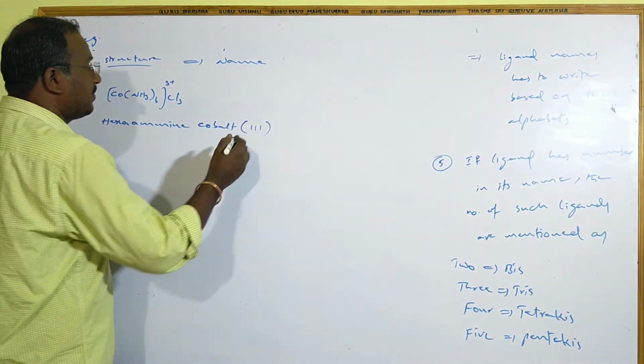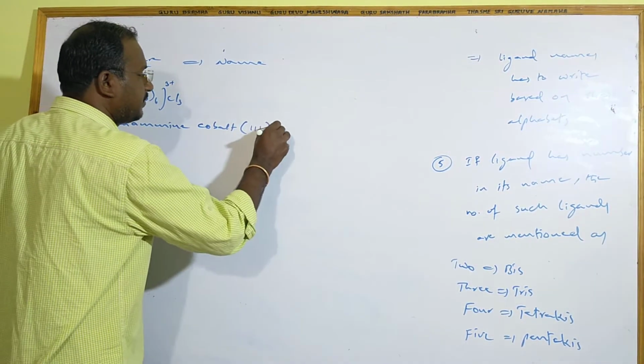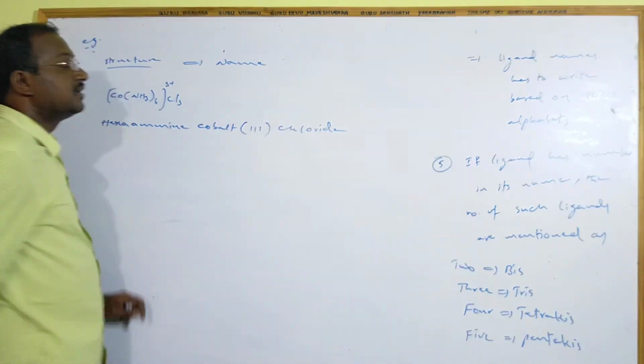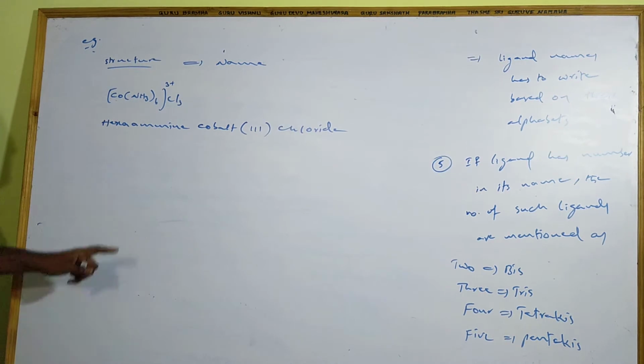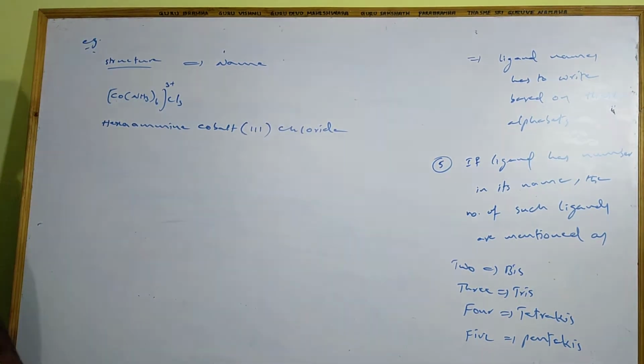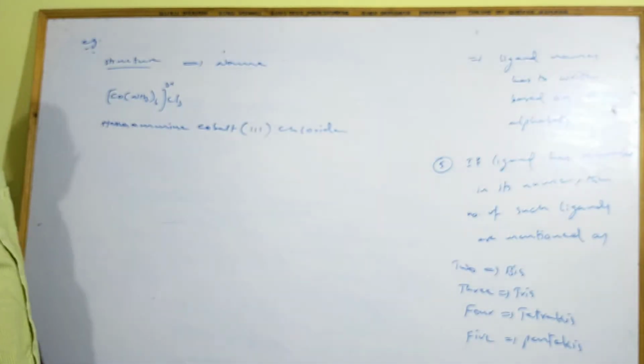After that, the anion. How many anions are there? Three. But don't write trichloride, just write chloride. No need to mention the number of anions. So this is the name: hexaamminecobalt(III) chloride.